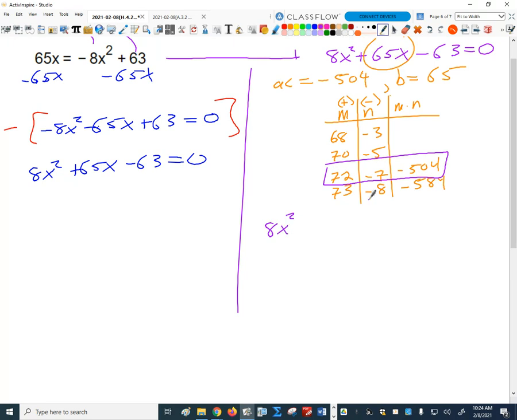Instead of 65x, we're going to break it up. I always like to put the negative first if there's a negative and a positive, so I can put a plus sign in the middle. So I'm going to make that a minus 8x plus 73x minus 63.